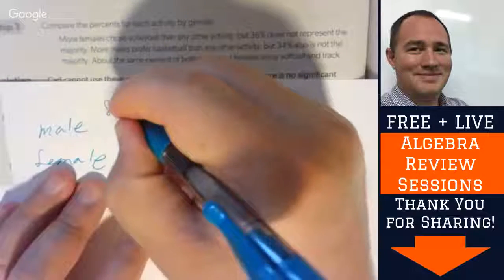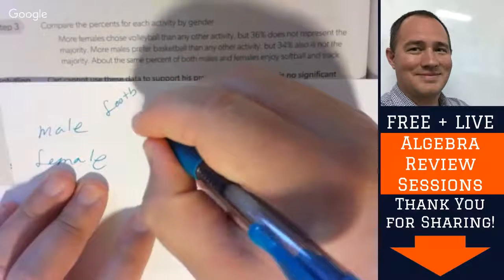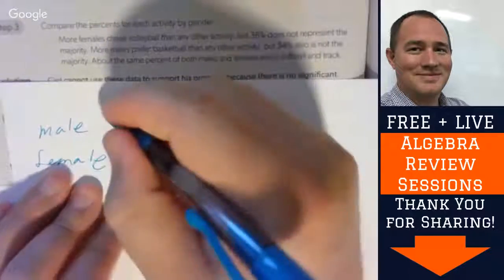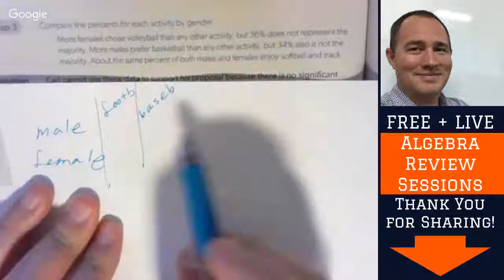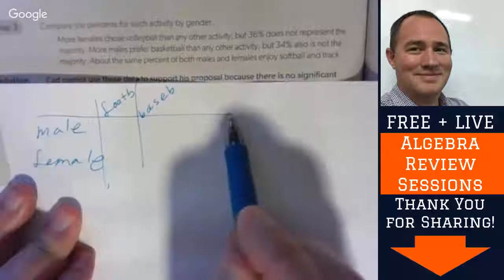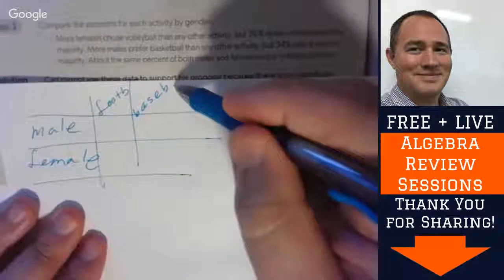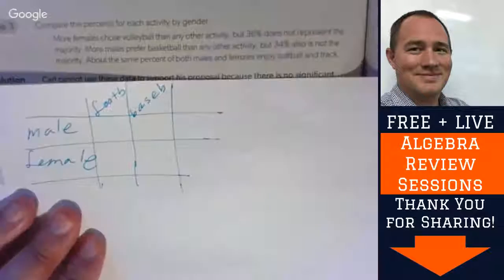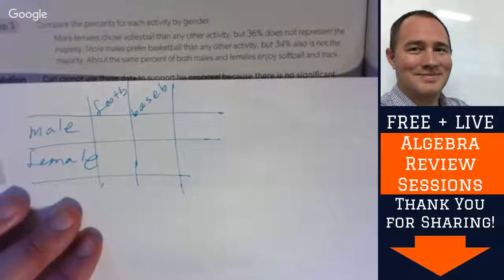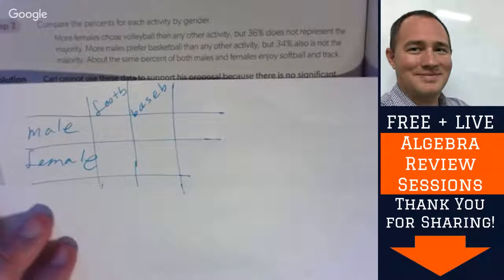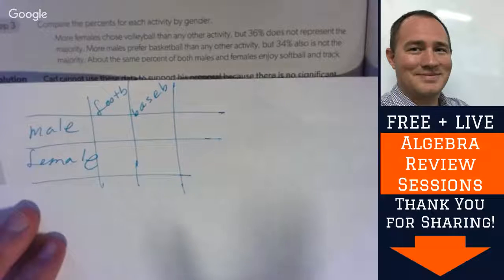There's football, baseball. We'll just leave it at the 2. So if we broke it down by baseball and football, and male and female, this is how we were breaking down these frequency tables before.